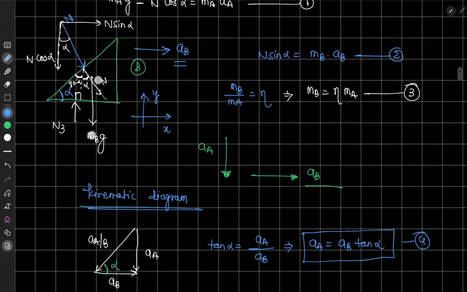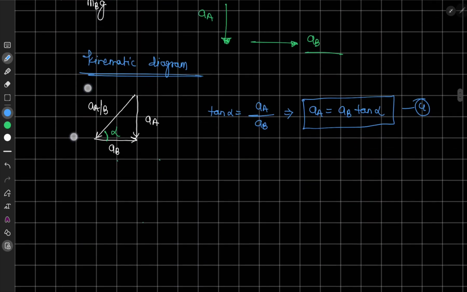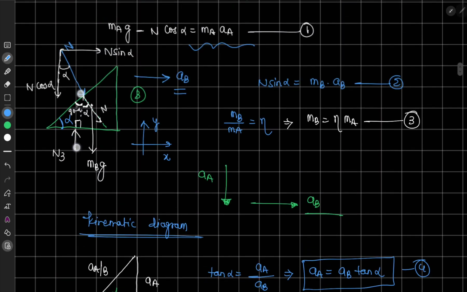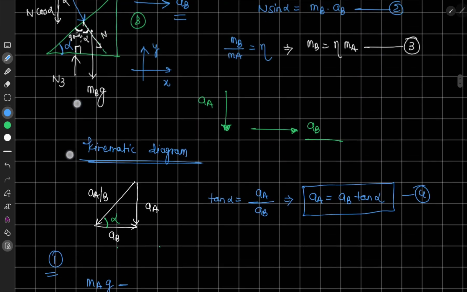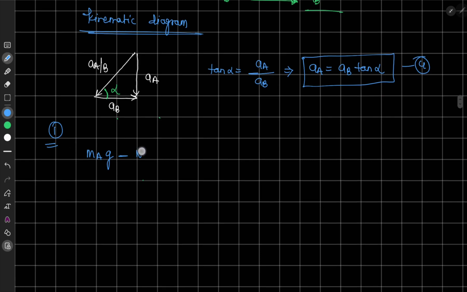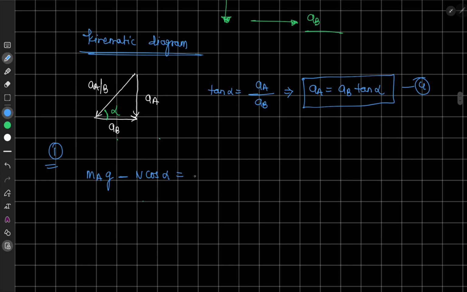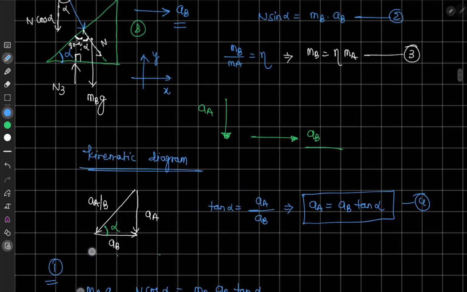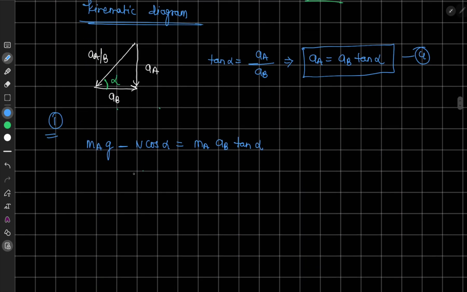Let us substitute the value of acceleration of A in this particular equation. So the first equation will become mA into g minus N times cos alpha is equal to mA times aB tan alpha. Okay, and the second equation we are having is N sin alpha is equal to mB into aB.